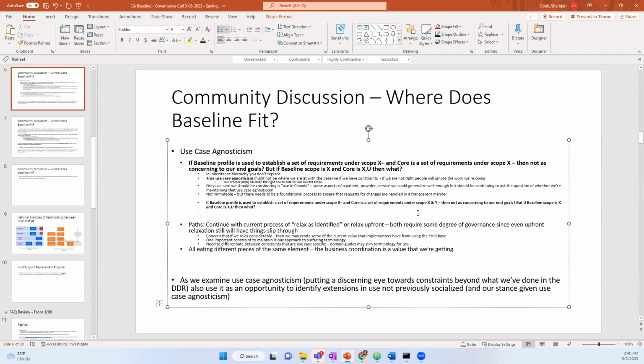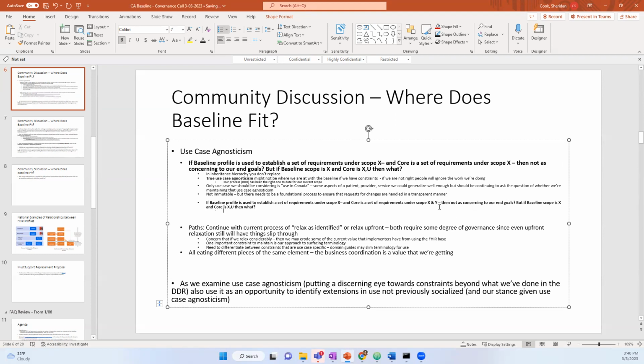So let's talk about that. Let's say that the core fully subsumed the constraints, the must supports, the cardinality constraints, and potentially the terminology constraints that we have today. Is that a concern anymore? Or is the concern if it's not one-to-one?